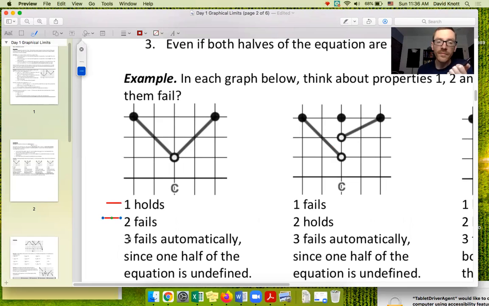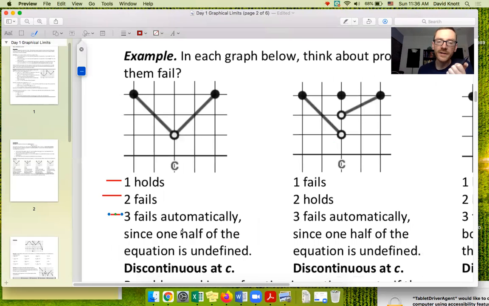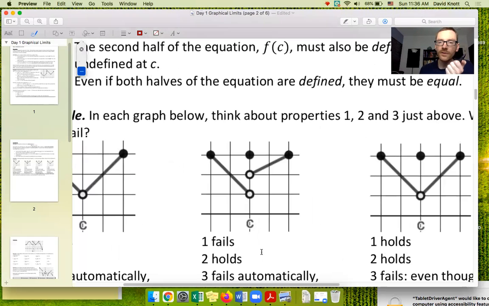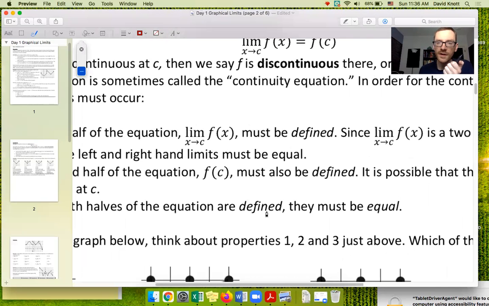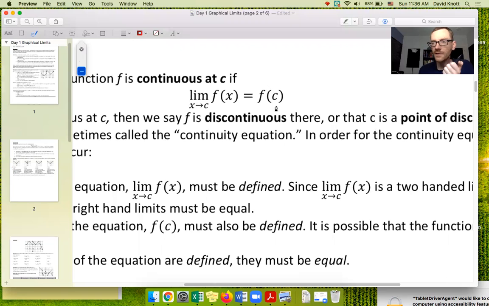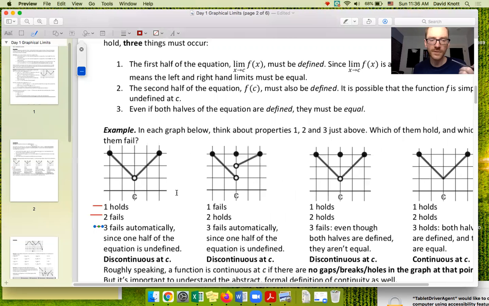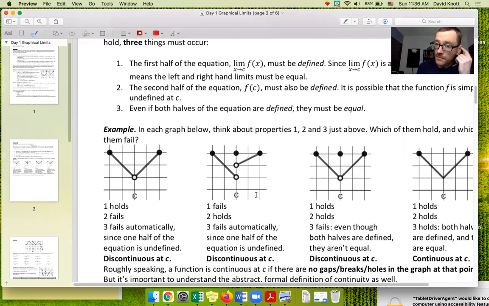And then I say that 3 fails automatically because remember, the third property is that even if both halves of this equation are defined, they have to be equal to each other. Well, if one of them is undefined, then they automatically can't be equal to each other. That doesn't make any sense. So that's why I say that property 3 sort of fails automatically.